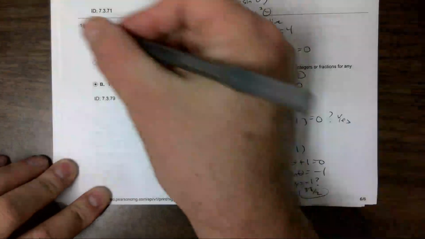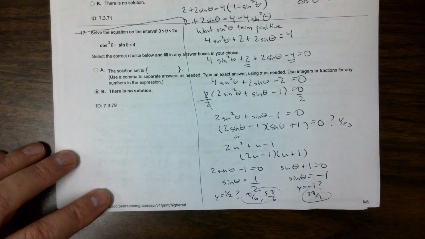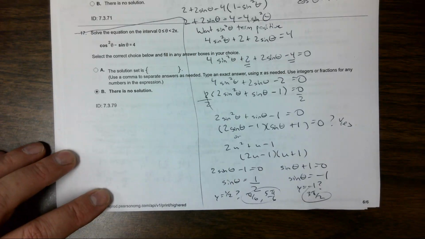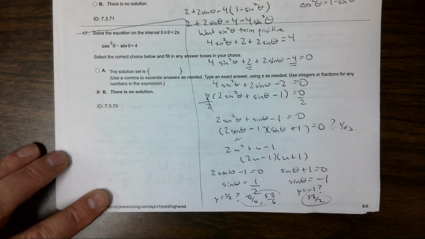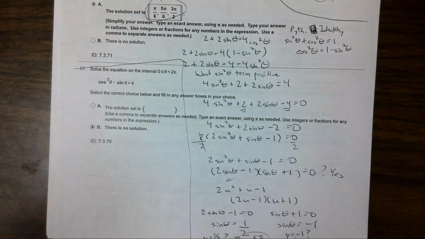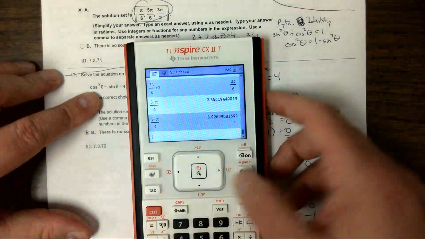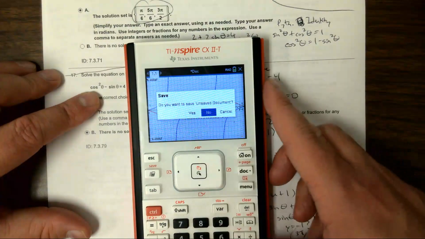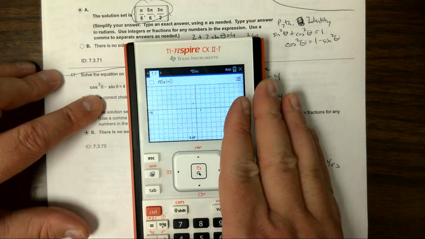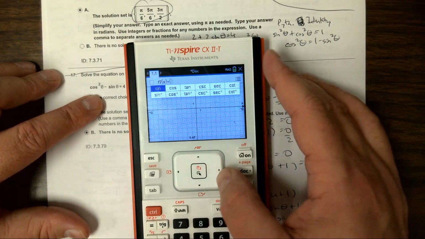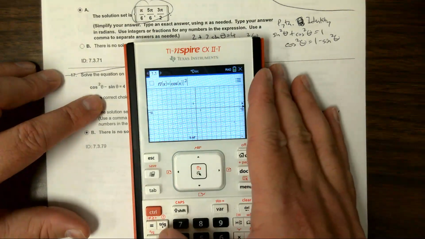Okay, now for our last one. Cosine squared minus sine theta equal 4. Since your answers are in line, you can already see the answer. Well, let's graph it so we can get used to it. Start your parentheses, press cosine x squared.